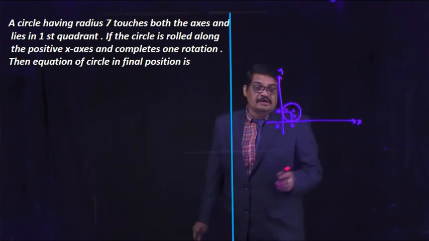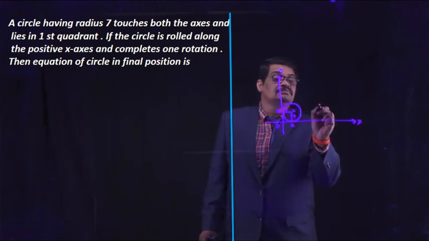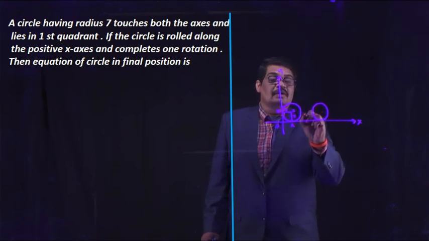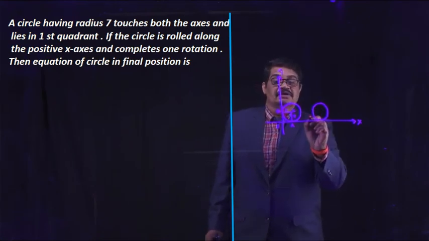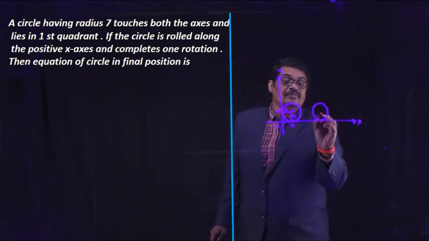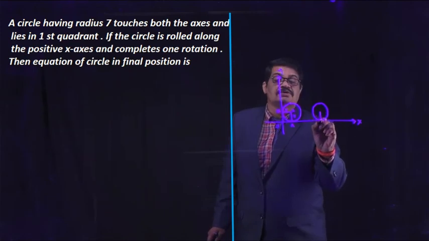After completion of one rotation, the circle becomes here. So after one complete rotation, the circle becomes here. Then there is no change of the y coordinate.